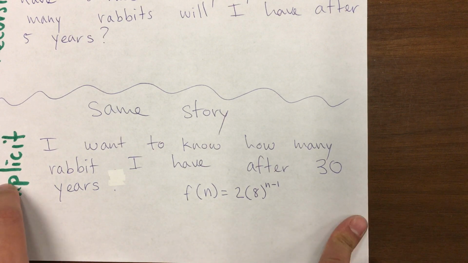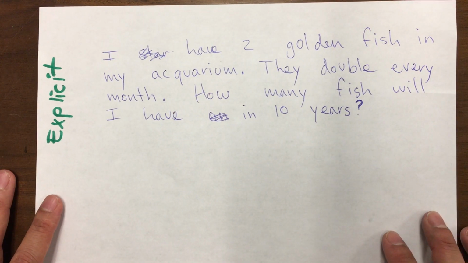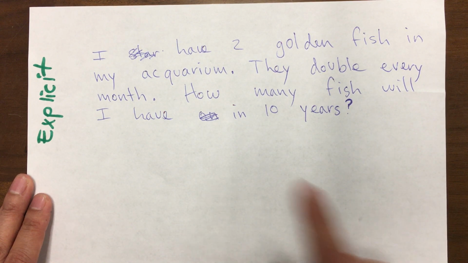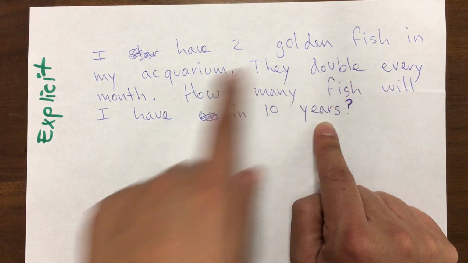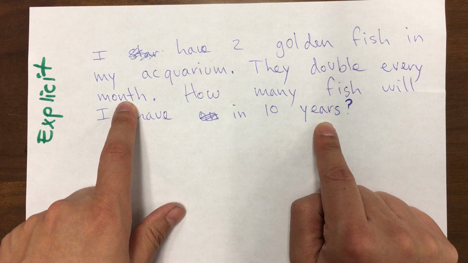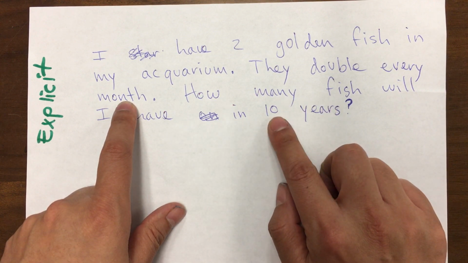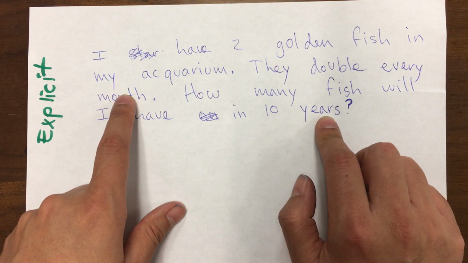Okay, some other examples that your classmates came up with. I have 2 golden fish in my aquarium. They double every month. How many fish will I have in 10 years? Notice that it says they double every month, and they're asking in 10 years. So basically you're gonna have to multiply 10 times the 12 months in each year.